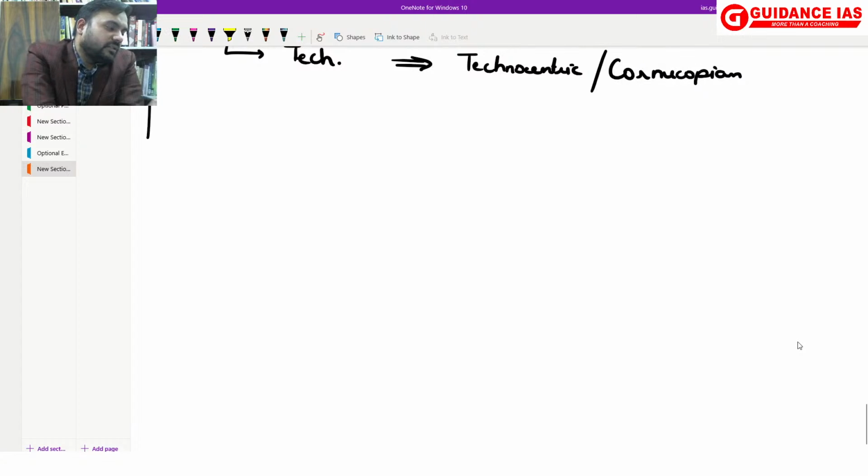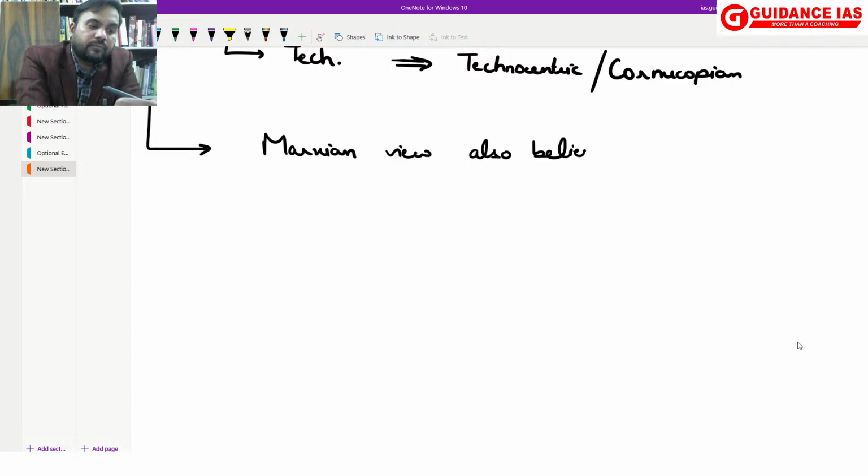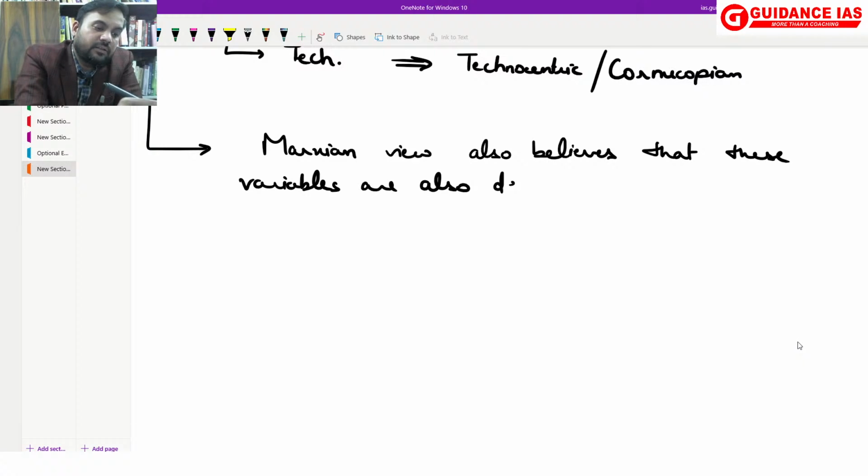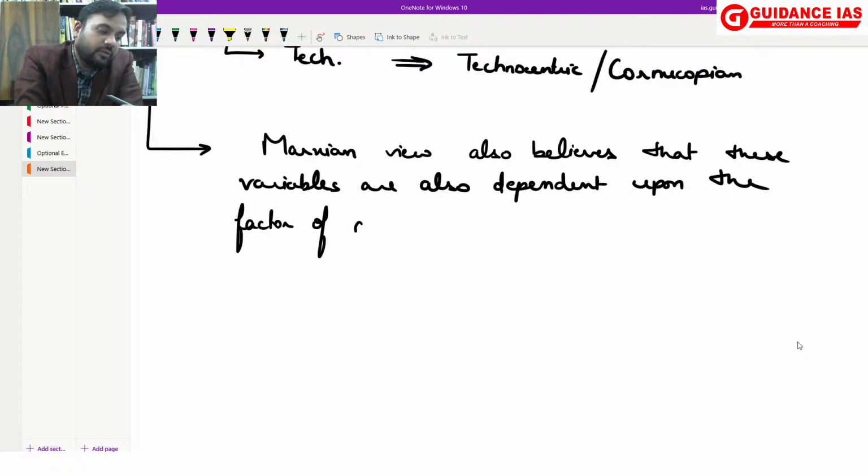Then you bring in another factor and say the Marxian view also believes that these variables are also dependent upon the factor of affluence or consumption.